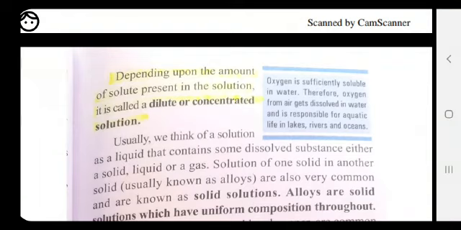So because of the larger ratio of water, this is called a diluted solution of salt. Why? Because the ratio of water is more and the ratio of salt is less.